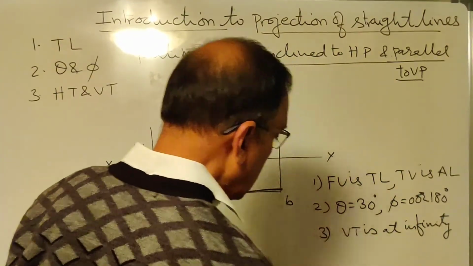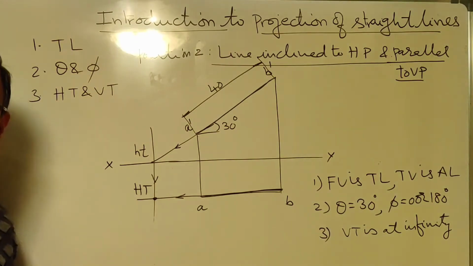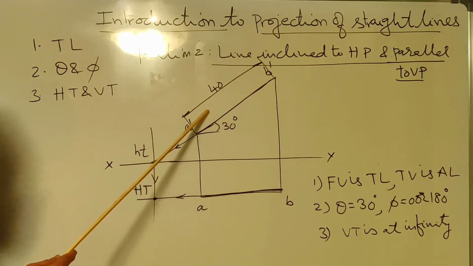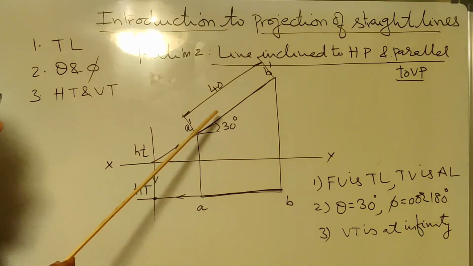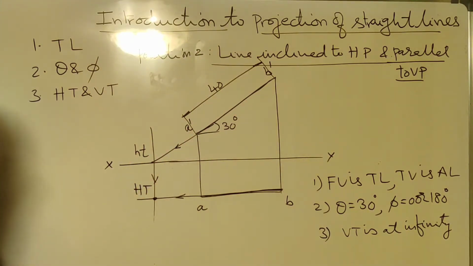Now let me recollect that true length principle once again. Let us see whether it is satisfied or not here. Here the top view of the line is parallel to XY line, therefore the front view is true. So the true length principle is satisfied here. Putting it in the other way, I can also make the statement like this.